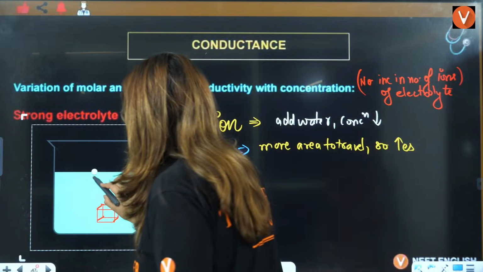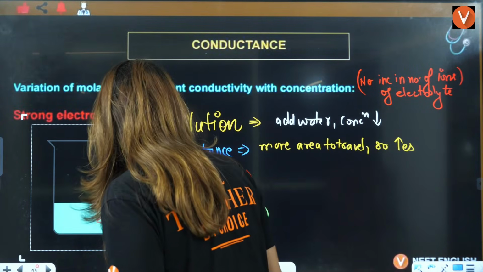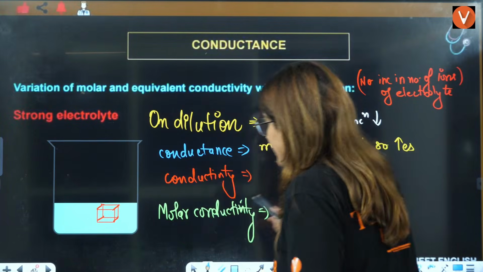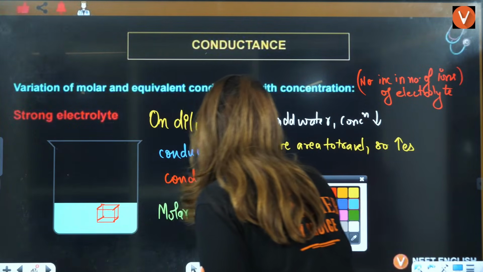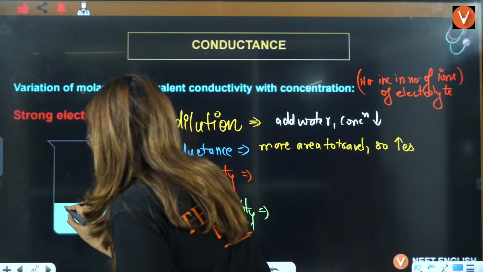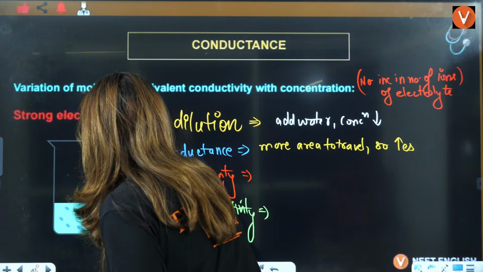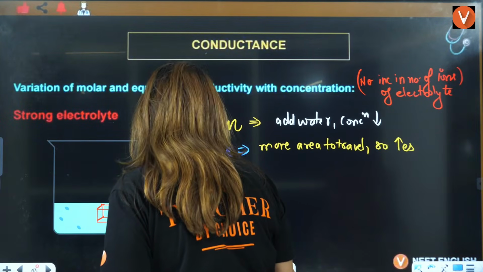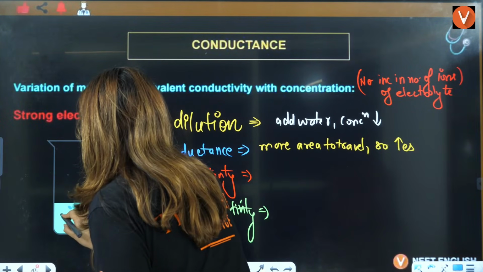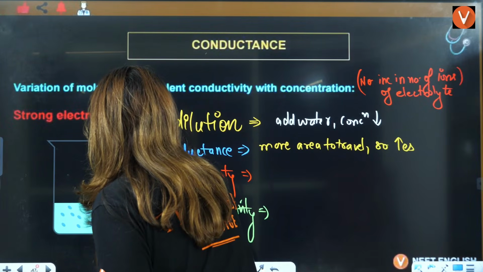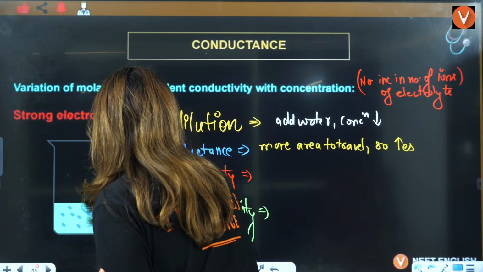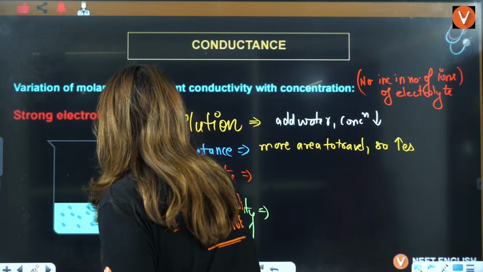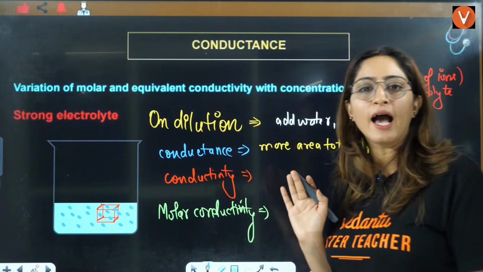Earlier you had, let's say, these many ions. Let's say you have 20 ions here, 1, 2, 3, up to 20.